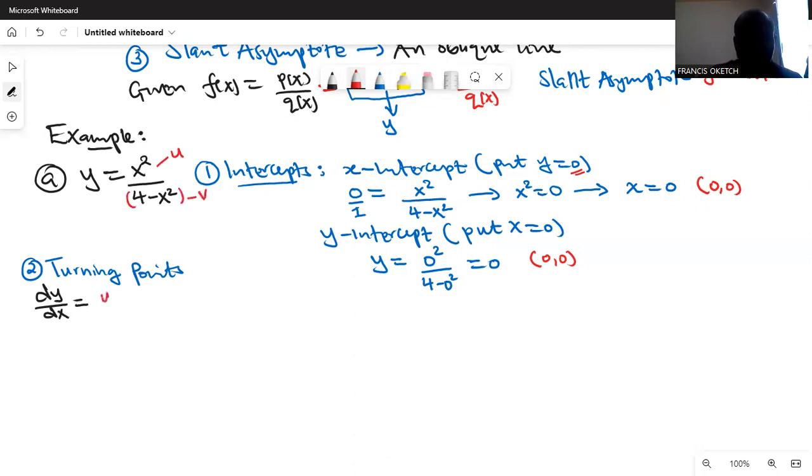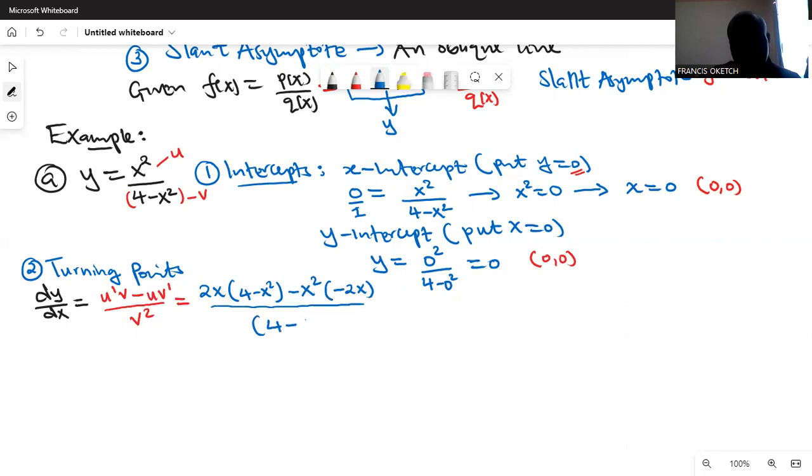So that it is u prime v minus u v prime, everything over v squared. So when you differentiate this one, u prime, that is 2x times v, that is 4 minus x squared, minus u, x squared, times v prime. Differentiate 4 minus x squared, you get negative 2x. Denominator, that is 4 minus x squared, and this is squared.